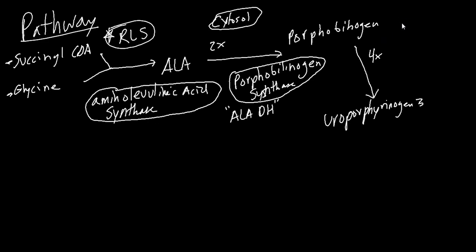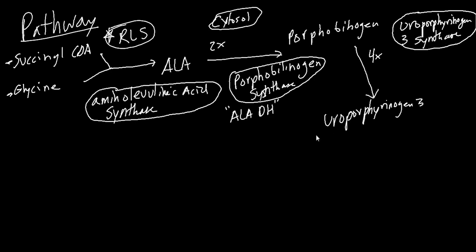So I'm going to write them both out. I like the one that I'm going to circle: uroporphyrinogen 3 synthase. Why do I like it? It's because we're synthesizing a uroporphyrinogen 3 molecule.